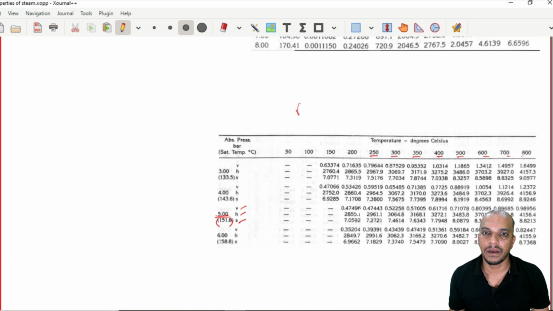There is no question of f and g. f and g come into the picture when we are talking about saturated liquid or saturated vapor or within the vapor dome. So, we are talking beyond the vapor dome, so obviously, there is no question of f and g. Only one property will exist, that is specific volume, specific enthalpy and specific entropy and so on.